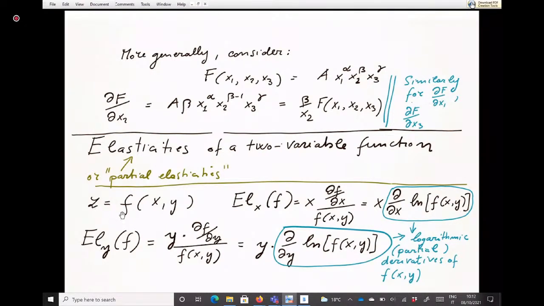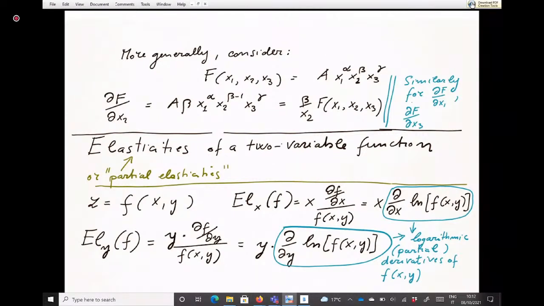Okay, if z is f of x, y, what is the partial elasticity with respect to x? The partial elasticity with respect to x of my function is just the log derivative times x. Okay? So it is x times the log derivative of f of x, y.